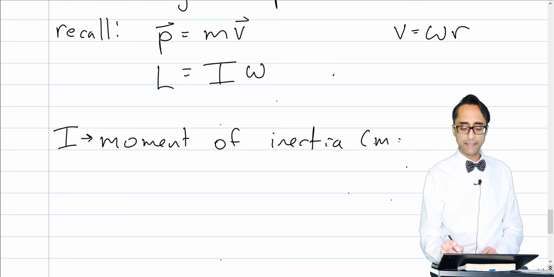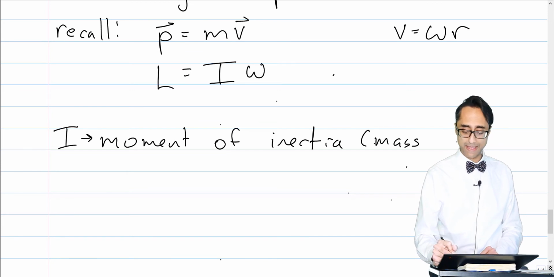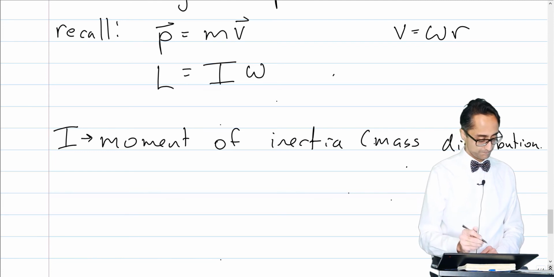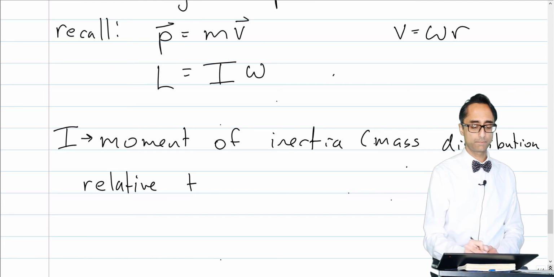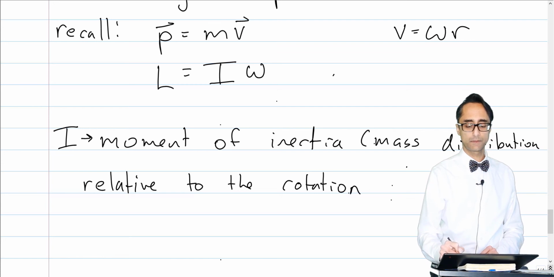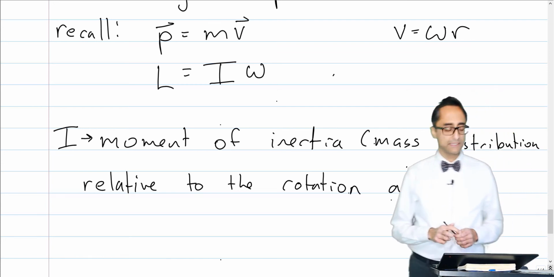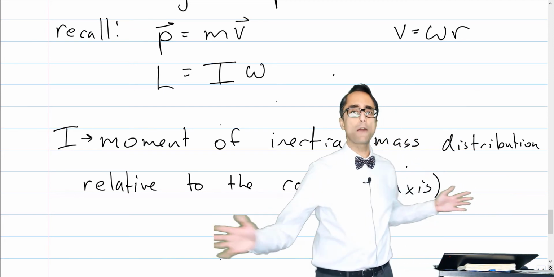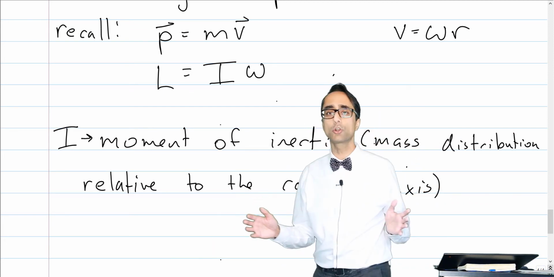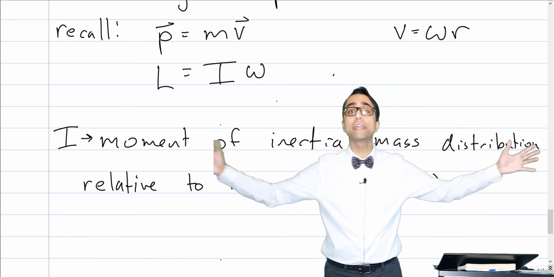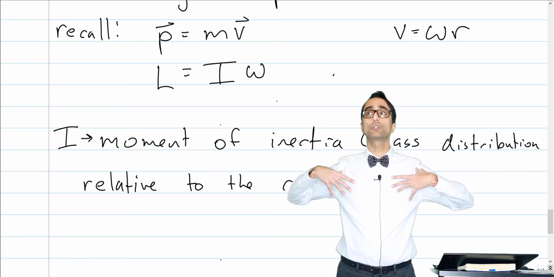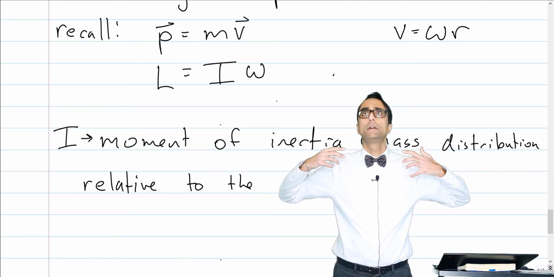Moment of inertia is a combination of the mass and where the mass is located. What it basically means is knowing the mass of something and knowing how fast it's spinning is not good enough to figure out its angular momentum. You have to know where the mass is compared to the rotation axis.